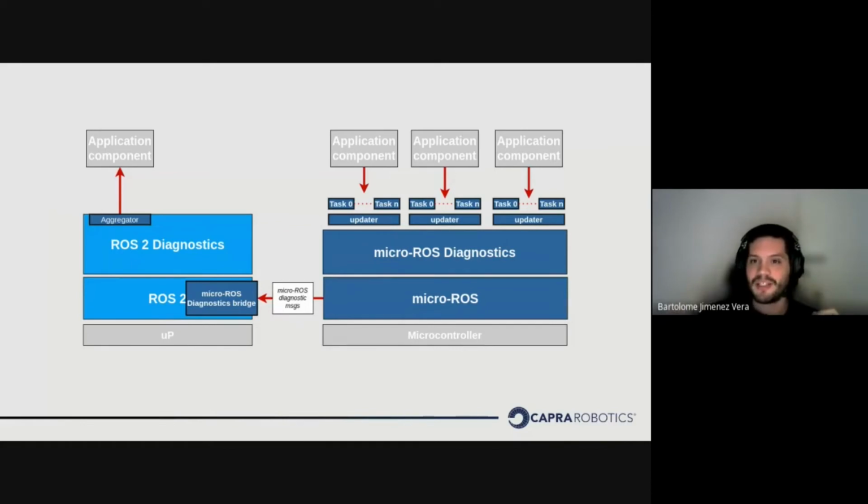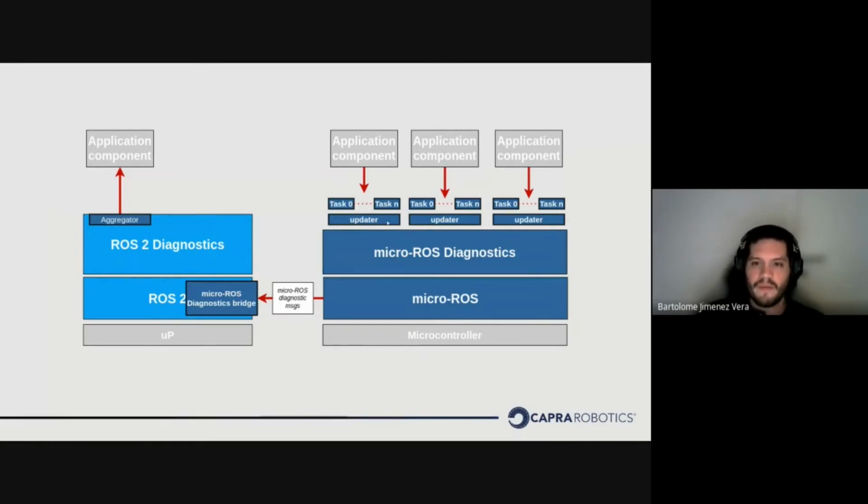I need to change this, but there will be multiple application components to the tasks instead of having one updater per. This is what we currently have and what we run. You could still run multiple updaters, but instead of having one updater linked to only one application component, you can have one updater linked to n application components.